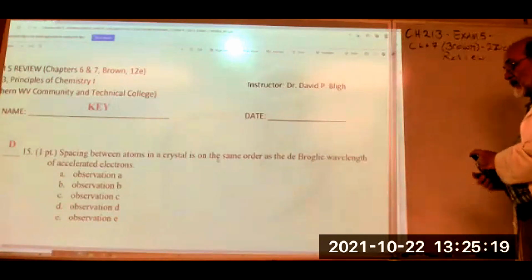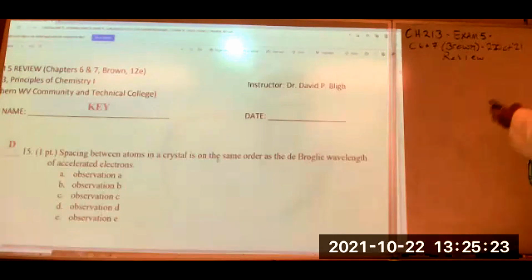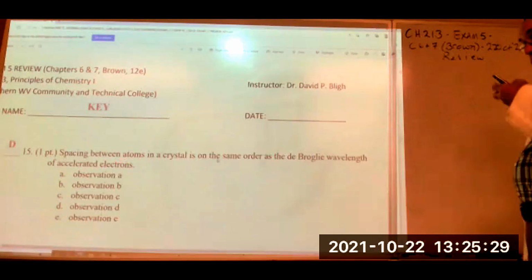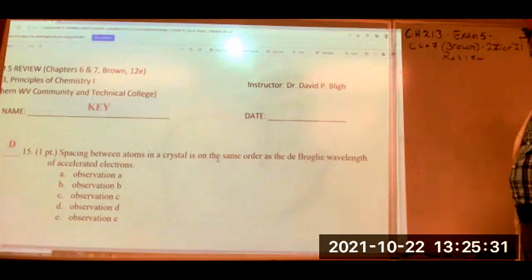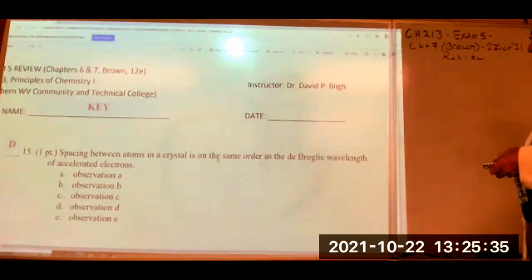We didn't go into that in much detail, so it's not that critical. But an accelerated electron will, and that's how the electron microscope works. The electrons are accelerated to high velocities, and they produce these wavelengths that are much, much shorter than light wavelengths.